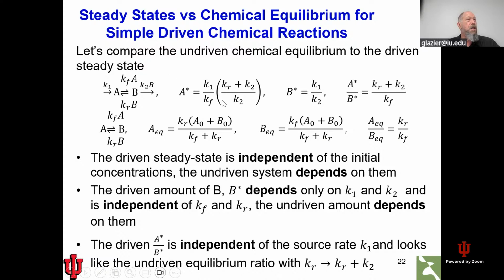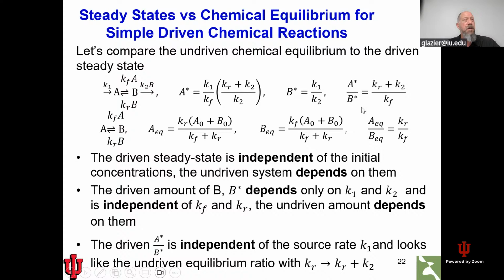In the case of the open system, A star over B star is equal to K reverse over KF, but you have K reverse plus the decay rate K2. In the closed system, the equilibrium ratio is KR over KF. So there's this extra K2 that shows up in the ratio.